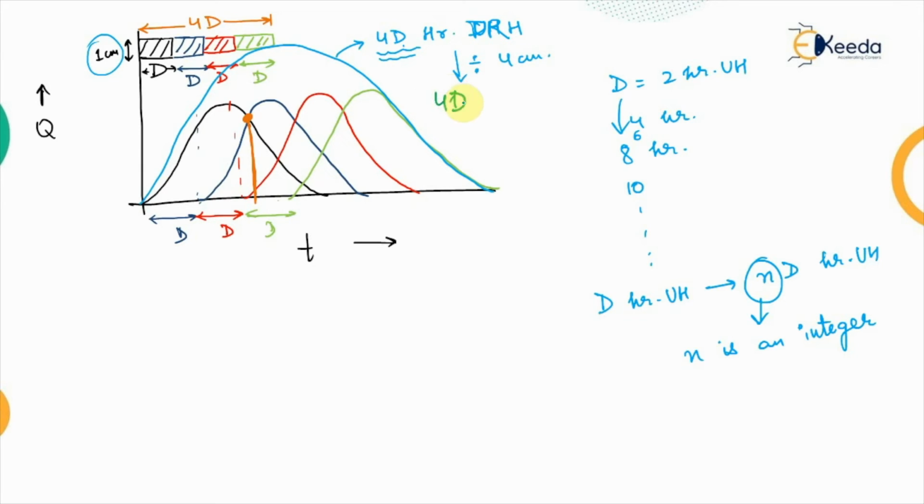So for the 4D hour unit hydrograph, all the ordinates have to be reduced, and this will be the 4D hour unit hydrograph for the catchment area. I'm highlighting this. This is the 4 times D hour unit hydrograph. You'll understand this more with the help of the example.